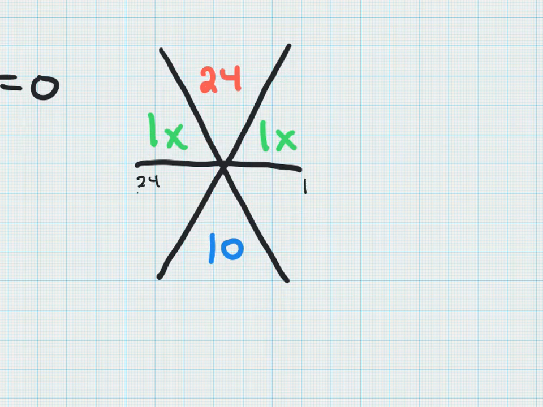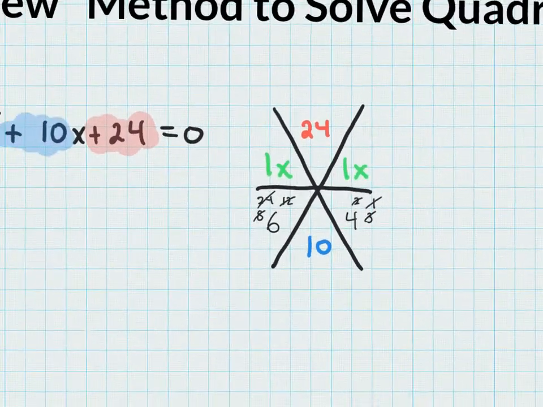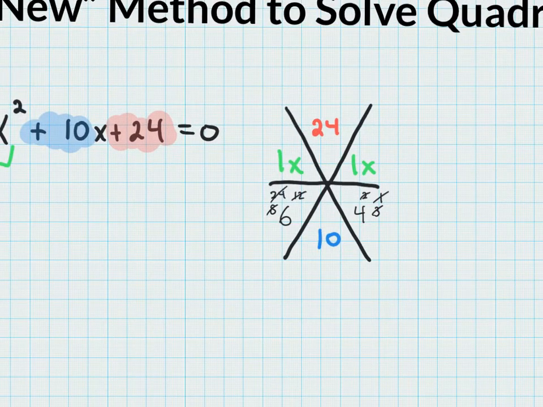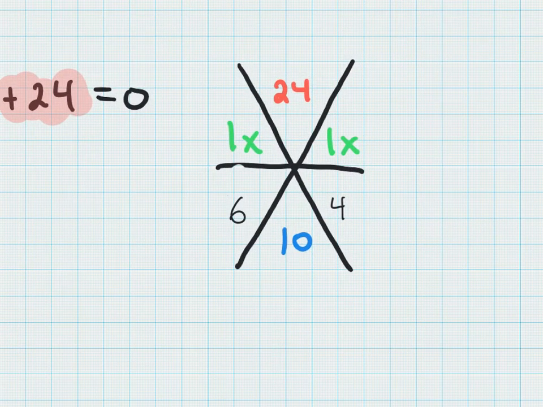Factors of 24 that sum to 10. Well, 24 and 1 do not work. They sum to 25. So let's try 12 and 2. Nope, those add to 14. 8 and 3 do not work because that adds to 11. And as we see, 6 and 4 do work. So from here, we now have my factors.